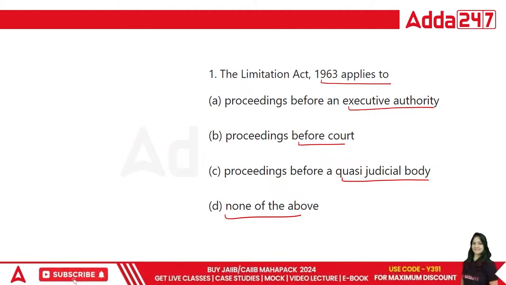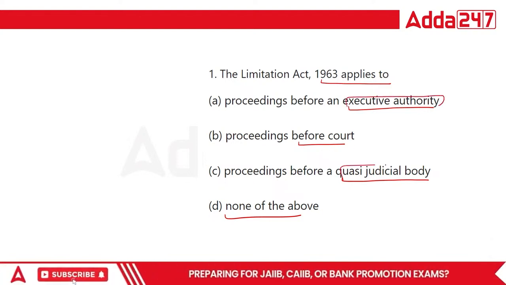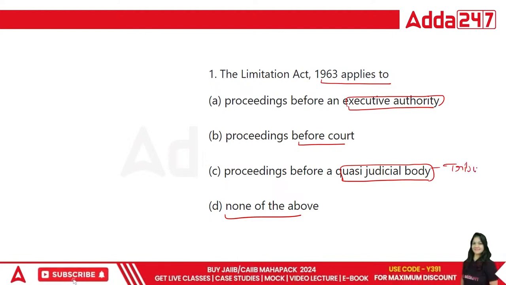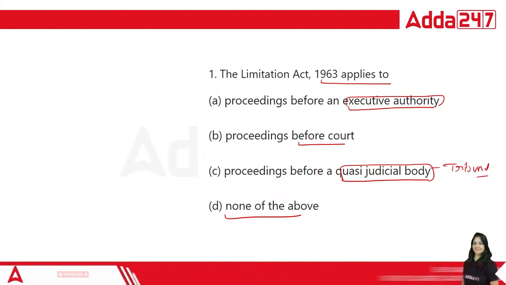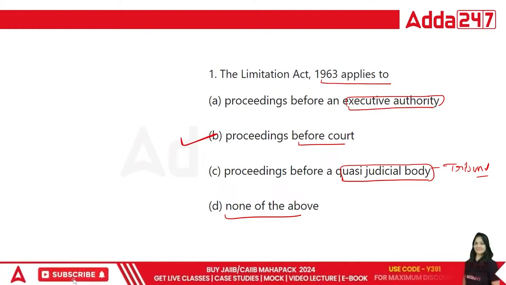For this question, as we know, no executive authority, no quasi-judicial body. A quasi-judicial body is just like a tribunal, but before the court. So that's why for the first one, B is the right answer. Okay, B will be the right answer for this question.